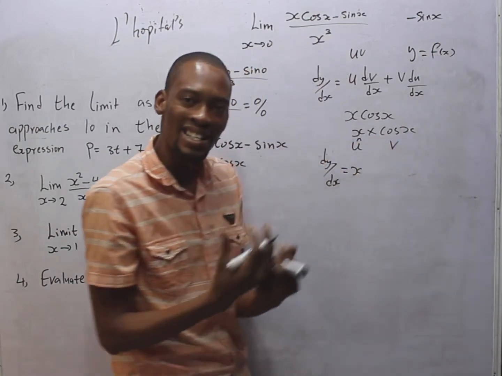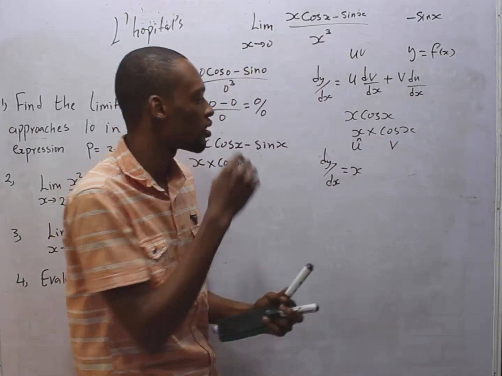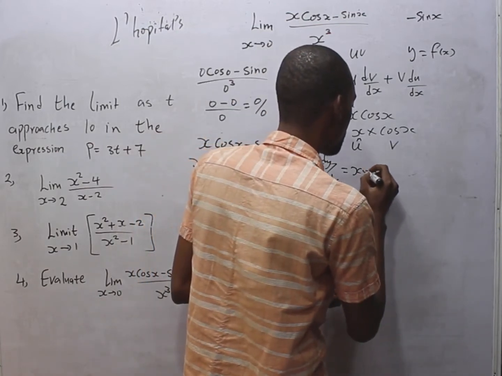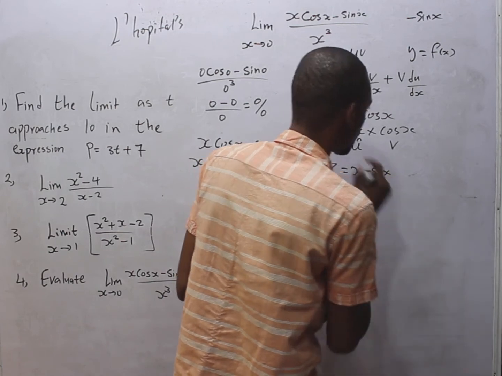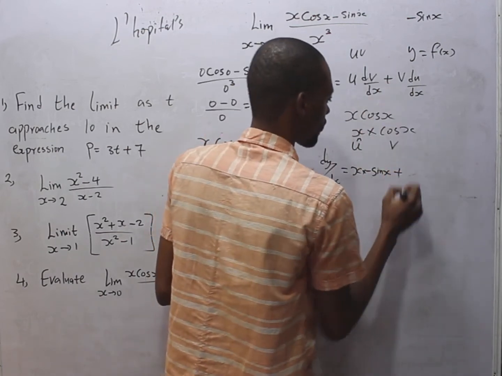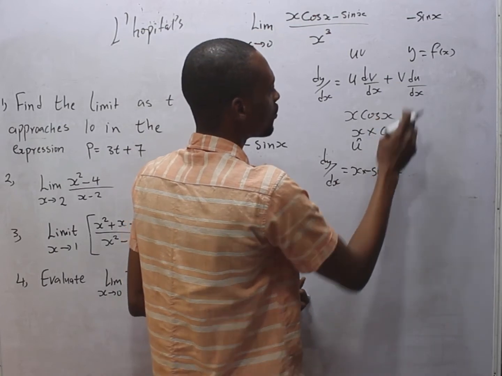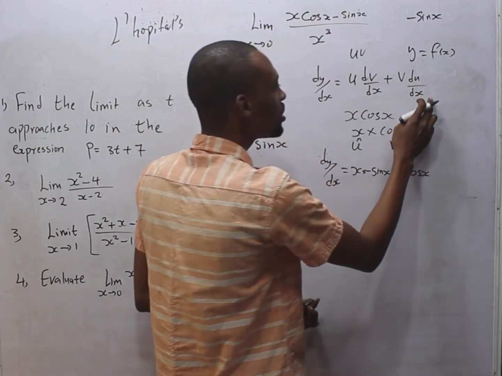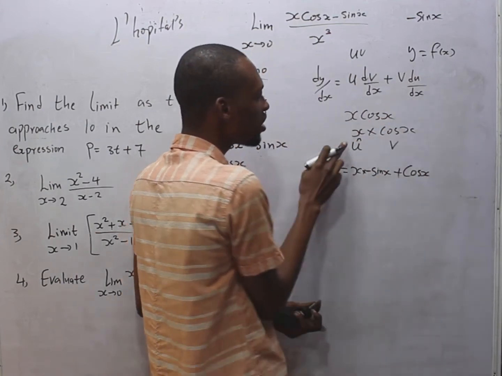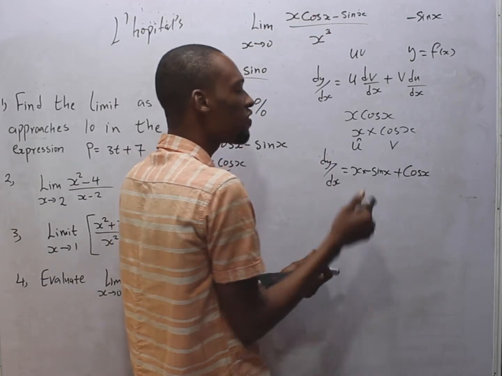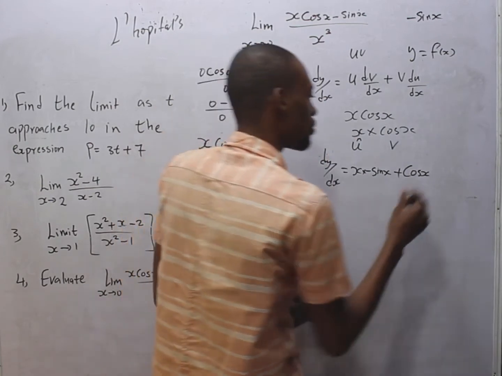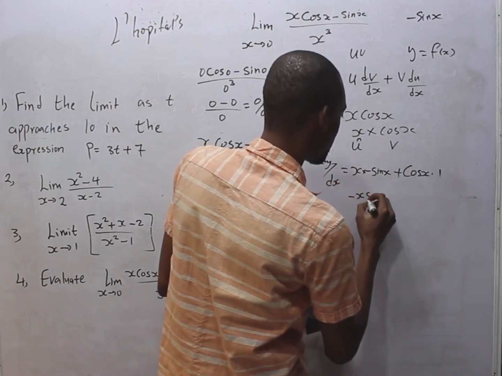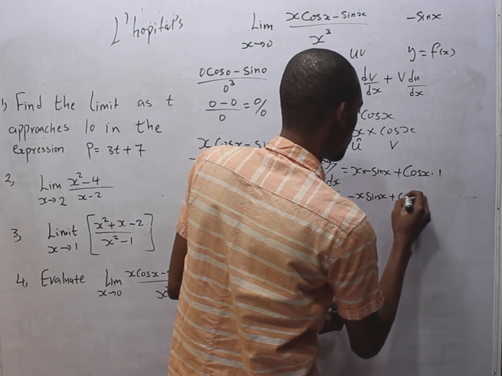When you differentiate sin s, you get cos s. So this is simply s times minus sin s plus, what is v? v is cos s, so we keep it constant. du ds means differentiate u, which is s, and when you differentiate s, you get 1, so times 1. This is simply minus s sin s plus cos s.